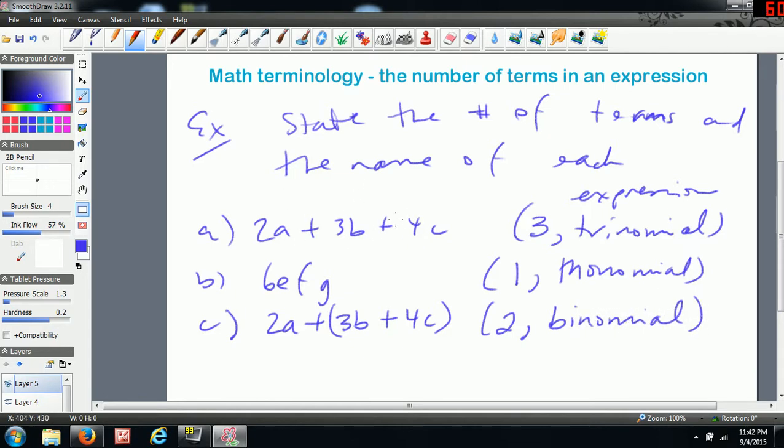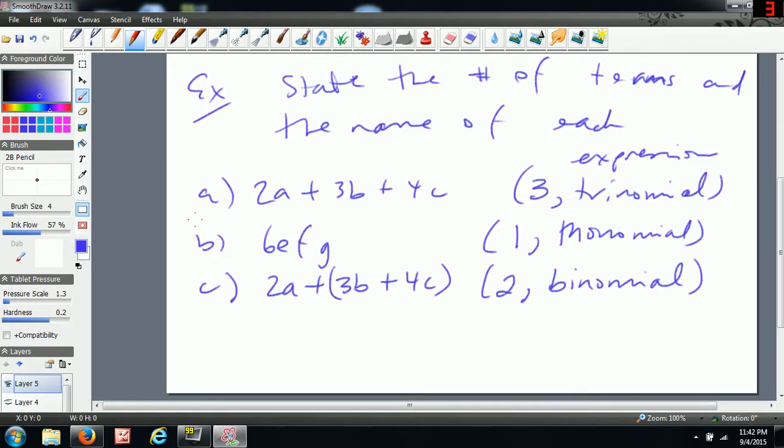Okay, so this one here, as you can see, is the same thing without the brackets. This is a trinomial. The one with brackets is a binomial. If I had an expression where the whole thing was in brackets, then that would be only one term, and that would be a monomial. Okay, so that's how you tell how many terms there are in an algebraic expression.